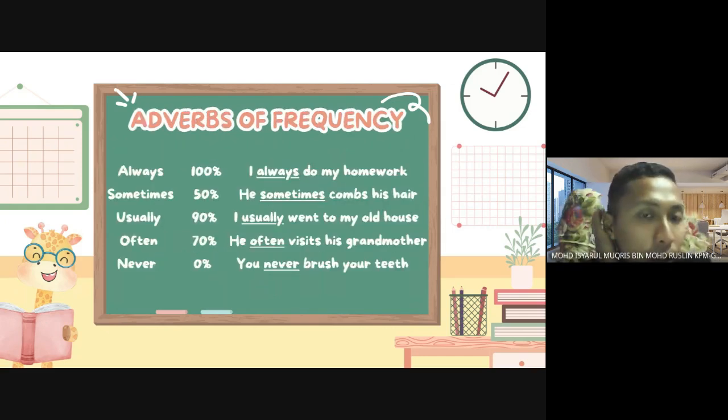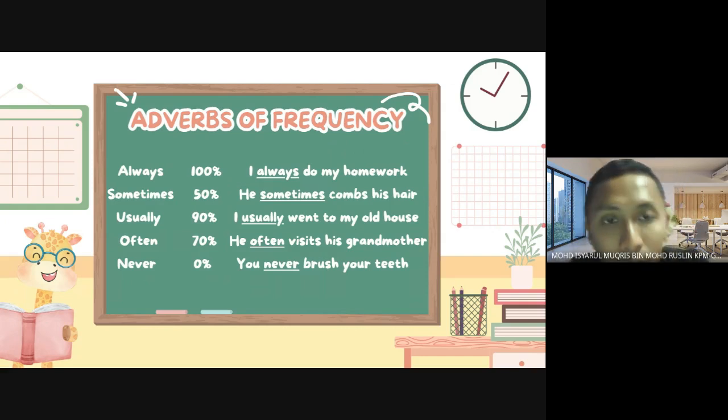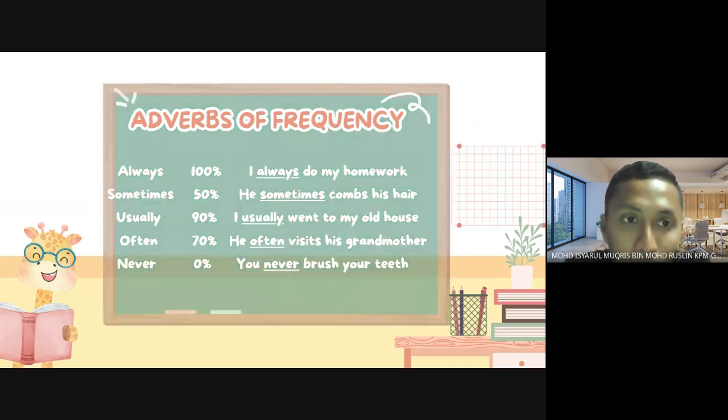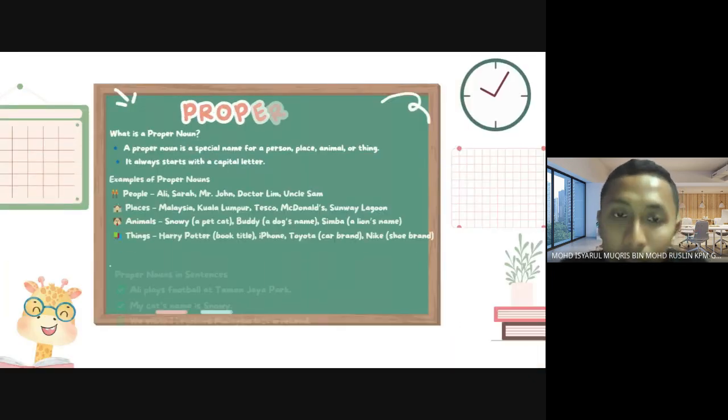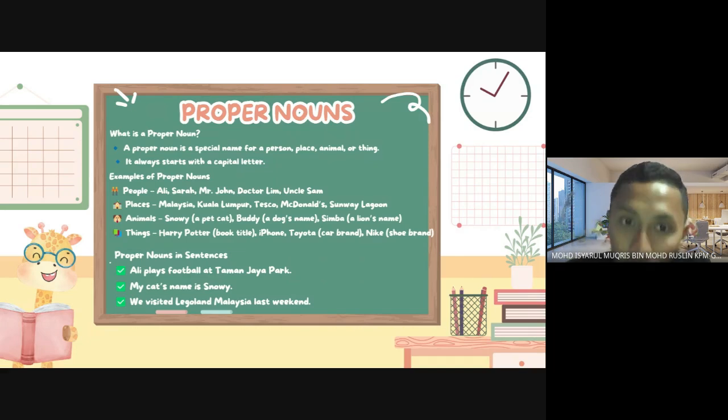As you can see, these materials provide notes about adverbs of frequency, such as always, sometimes, usually, often, and never. We also have common noun notes, with definitions, examples, and how to use them in a sentence. We also have proper nouns, with the definition, examples, and proper nouns in sentences.